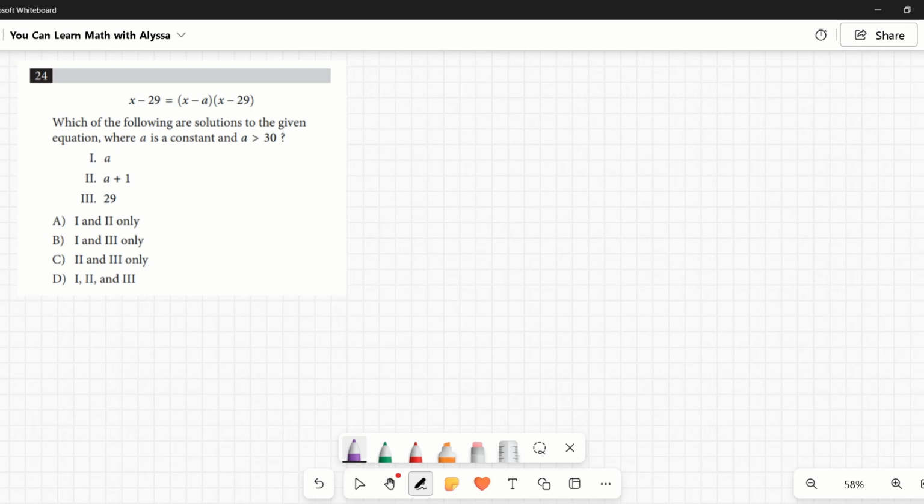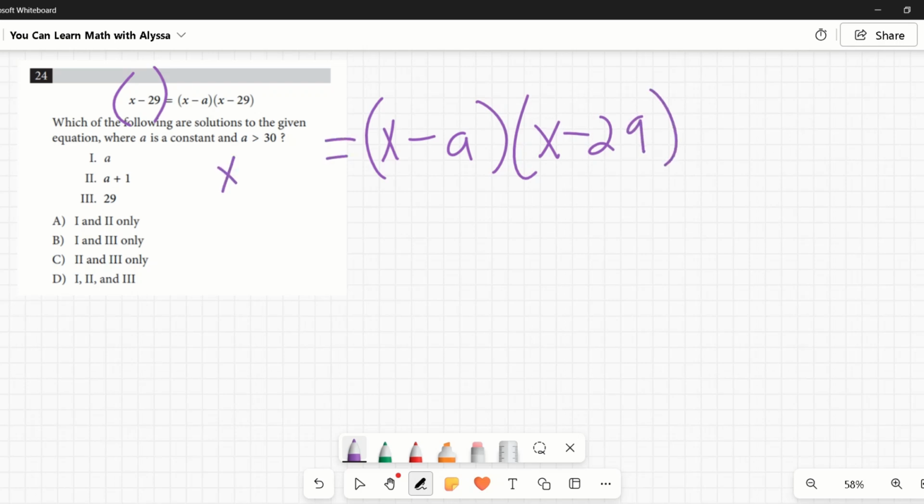So they started by doing the same thing I did where they moved that x minus 29, but they moved it as a unit. So they have an x minus a and that x minus 29, and have it equal to x minus 29. And then they subtract the whole thing together. Instead of treating it like I did where you add the 29, subtract the x, they treat it as a unit.